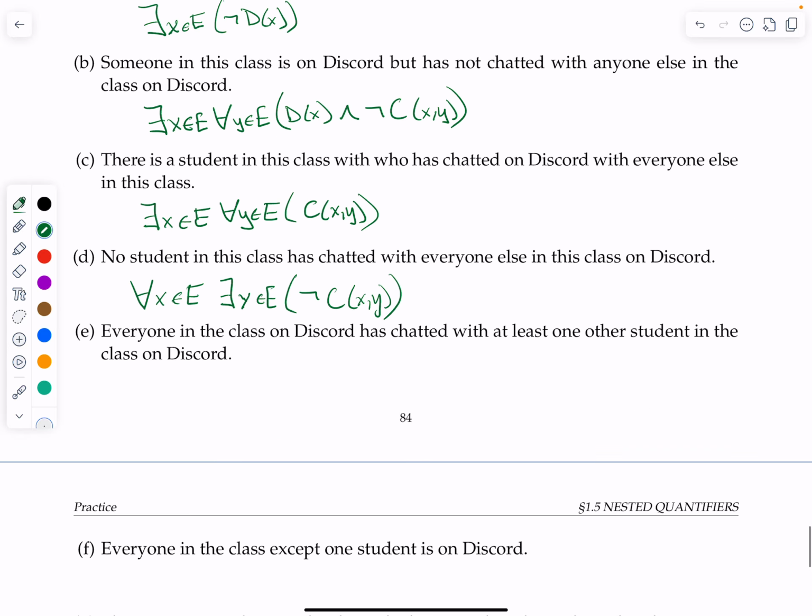Everyone on Discord has chatted with at least one other student in this class. So for everybody in this class, there exists another student in this class, so that as long as the first student is on Discord, they have chatted with someone.